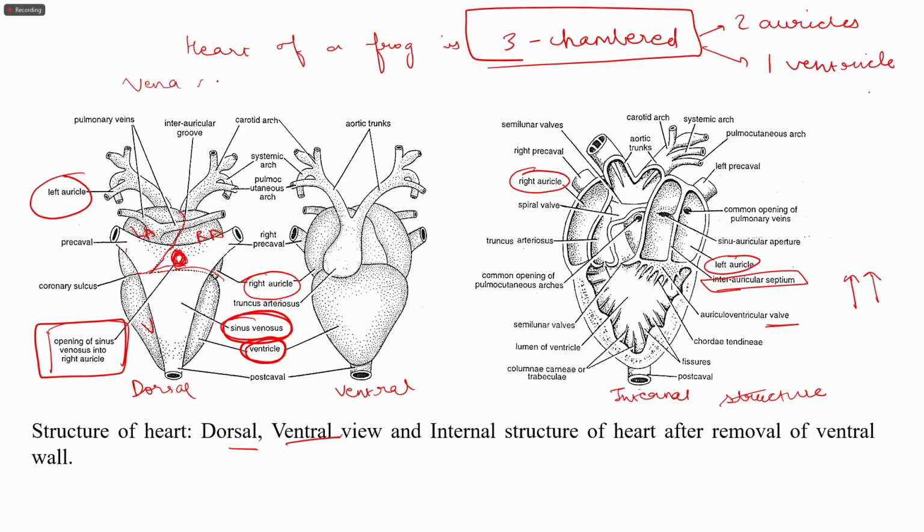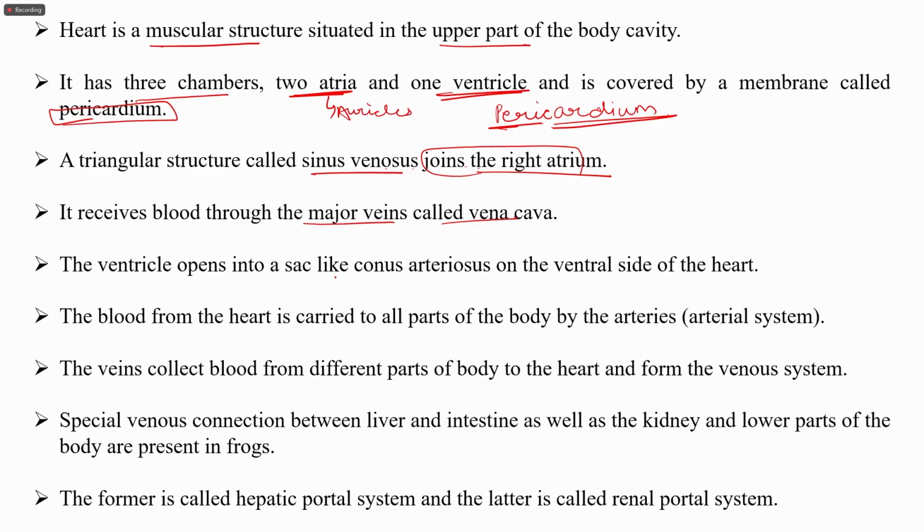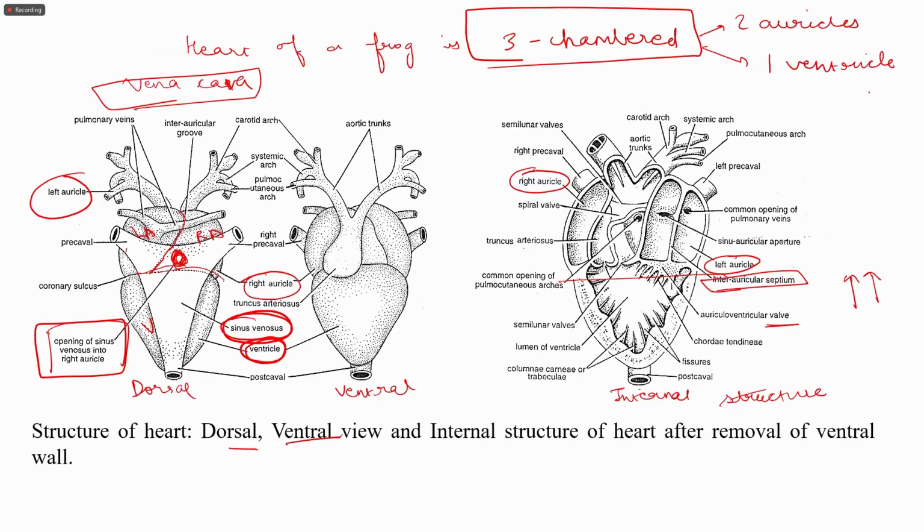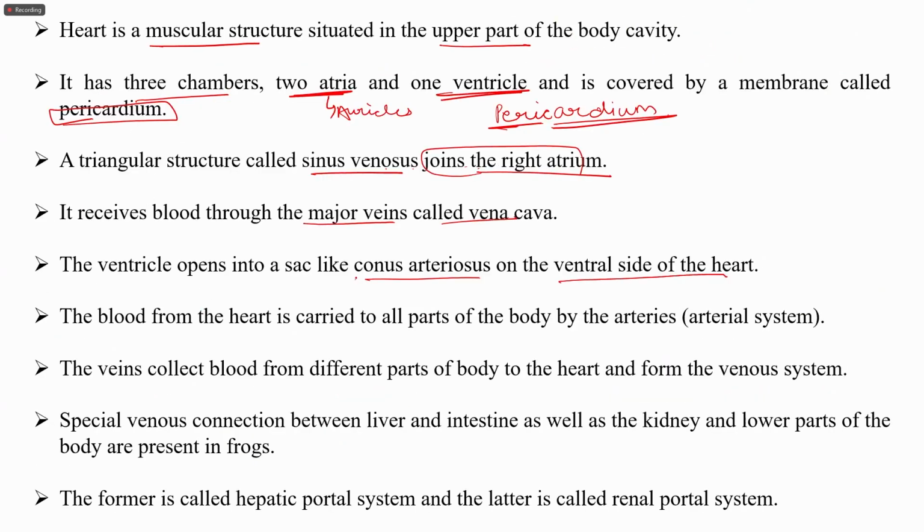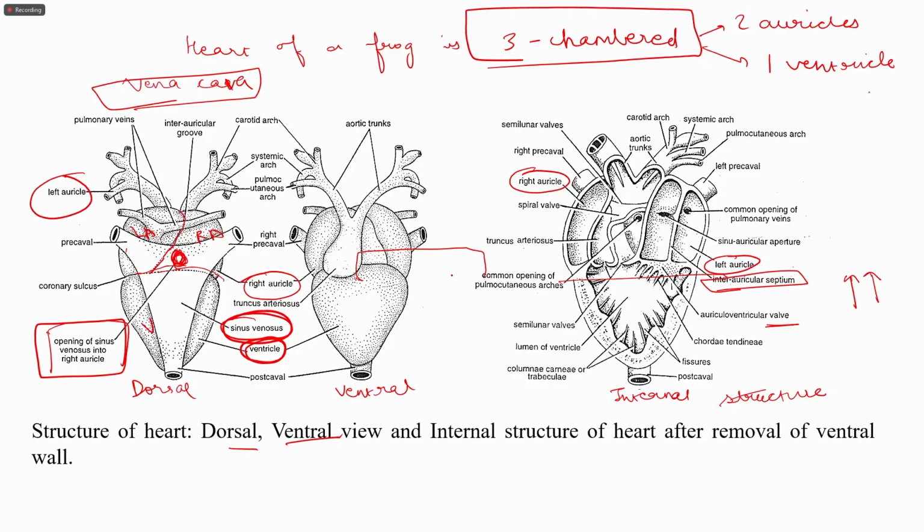The ventricles open into a sac-like conus arteriosus on the ventral side of the heart. So on the ventral side of the heart we have the opening of the ventricles, which is the conus arteriosus.